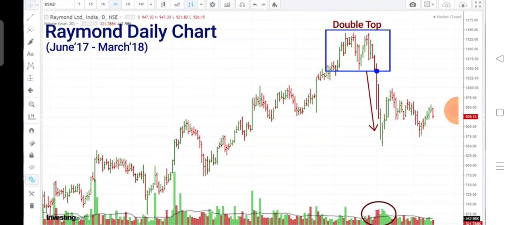Similarly, in the case of double top, if the volume in the down move is quite higher compared to the volumes in the up move, we can understand that the possibility of success of the double top is a little bit higher. So this is all about double tops and double bottoms.